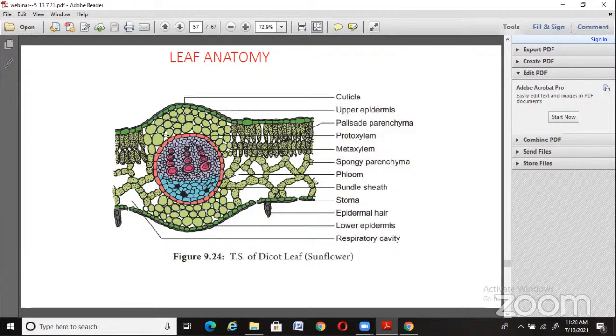That's why in the bundle sheath cells, the C3 cycle is performed. This shifting of the C3 cycle into the bundle sheath cells is one more advantage. Why? Because in bundle sheath cells, the temperature is less and the oxygen concentration is also very low.